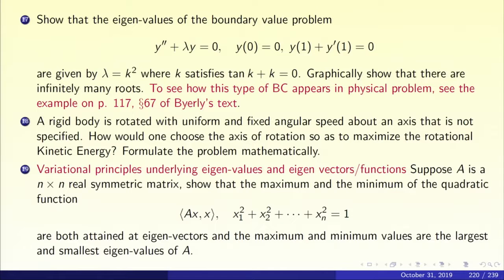Now, we want to show that the maximum and minimum are both eigenvalues of A. The maximum of this quadratic function is going to be the largest eigenvalue, the minimum is going to be the smallest eigenvalue. And we are maximizing over what? We are maximizing over the unit sphere, x1 squared plus x2 squared plus etcetera plus xn squared equal to 1. Remember that the unit sphere is a closed bounded subset of Rn, and hence it is compact.